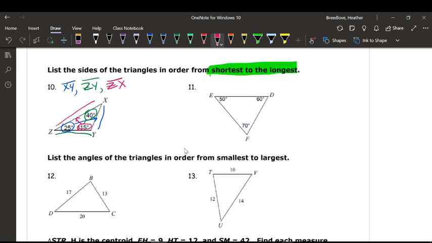Same thing with number 11. We have 50 degrees, 60 degrees, 70 degrees. Well, 50 degrees is going to be the smallest angle, and the smallest angle makes the shortest side, DF, or FD. The medium angle is 60 degrees. 60 degrees makes side EF, or FE.